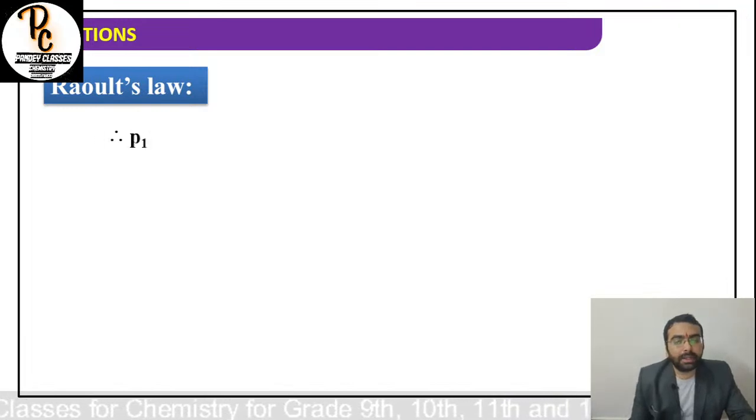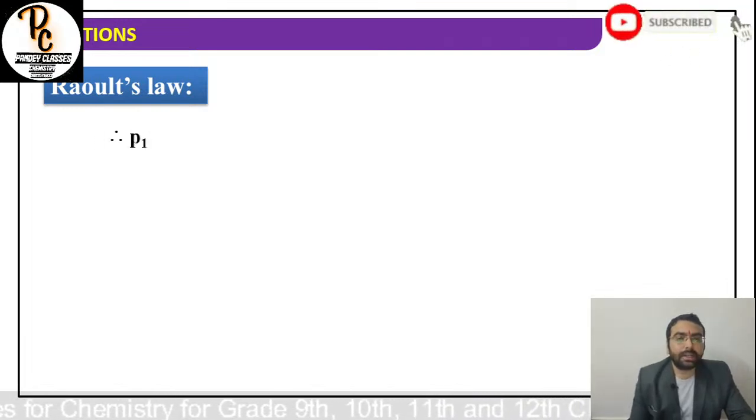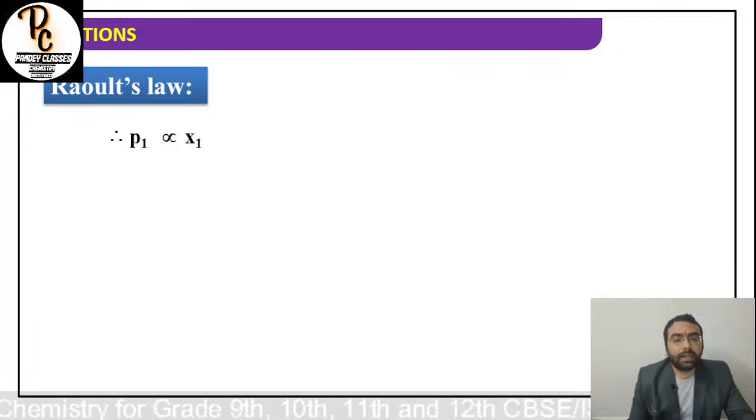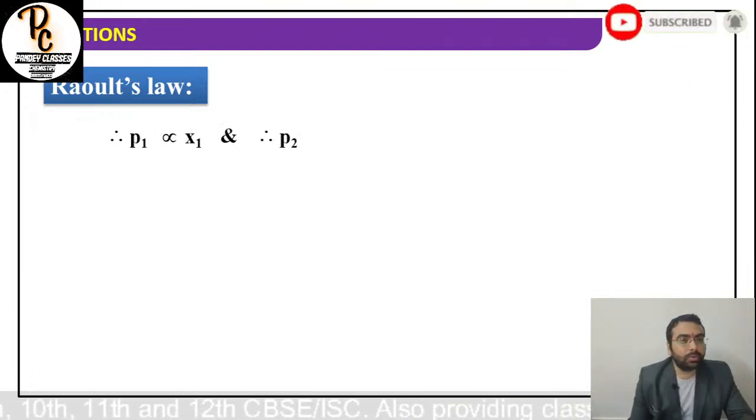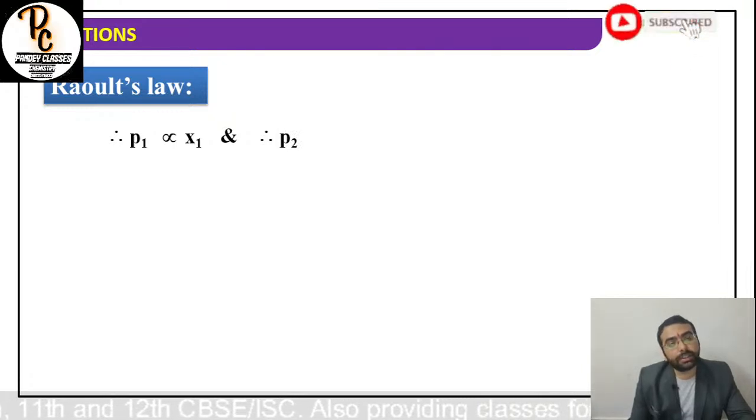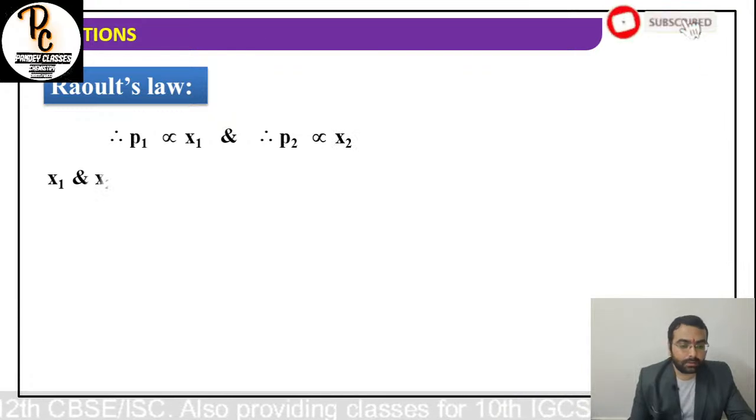Mathematically it can be written as P1 is directly proportional to chi1, where this chi or x we call the mole fraction. Then P2, the partial pressure of the second component, is directly proportional to the mole fraction of the second component.